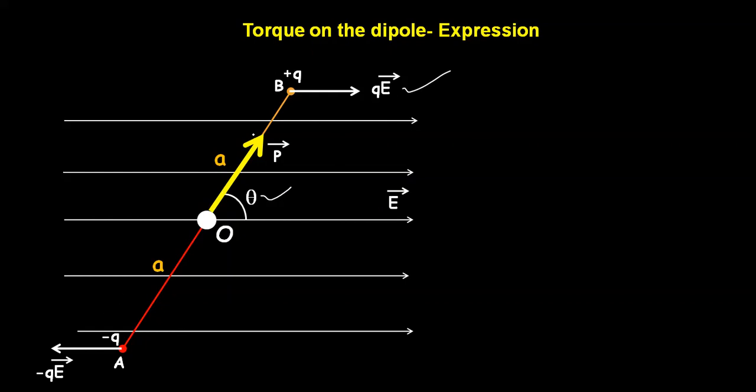Once I draw the direction of the dipole moment, theta can also be called the angle between the dipole moment p vector and the electric field E vector. So you can look at it in two ways: either as the angle between the axis of the dipole and the electric field, or as the angle between the dipole moment and the electric field.